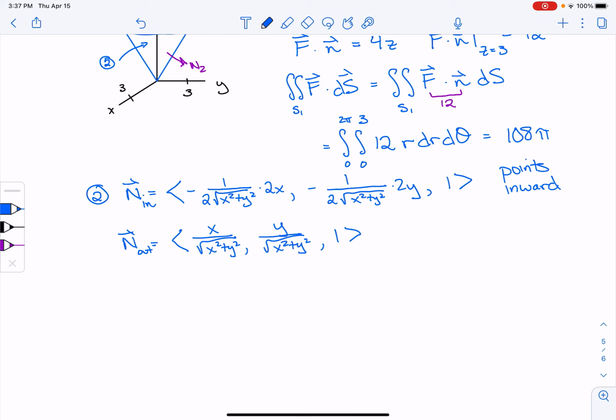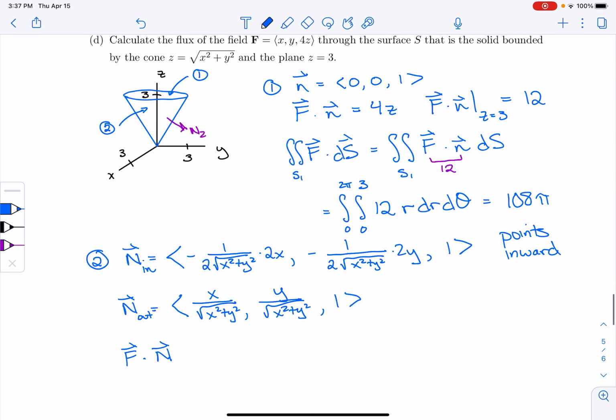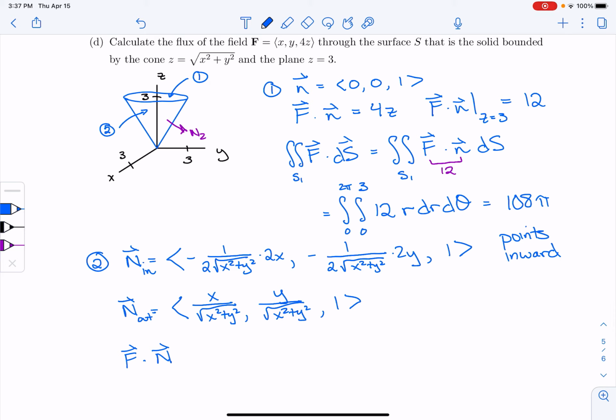Okay, so now I would like to compute f dot n. Let's recall that f is x, y, 4z.